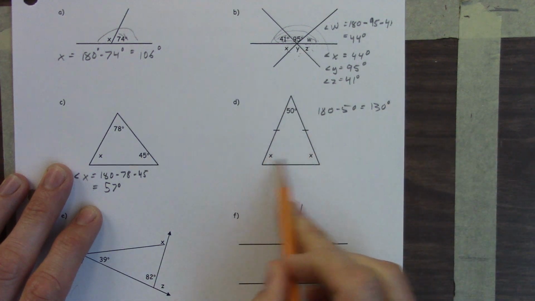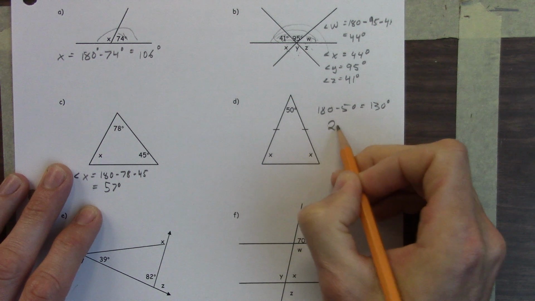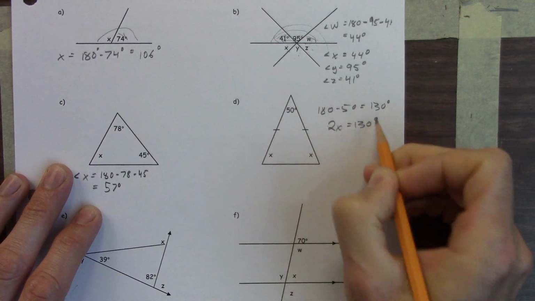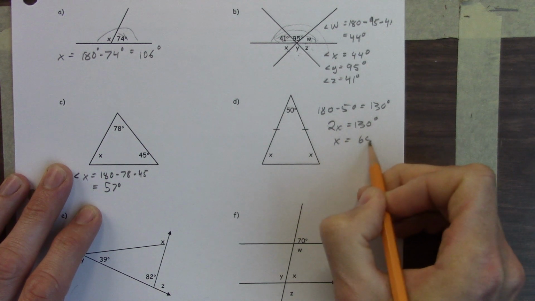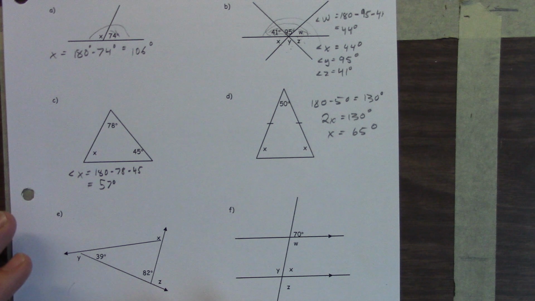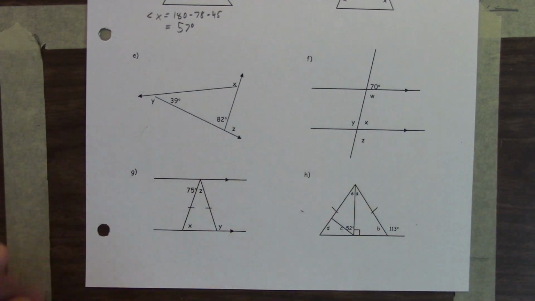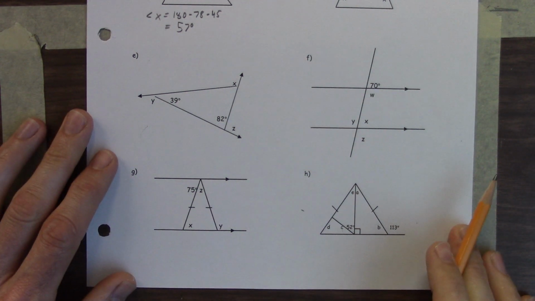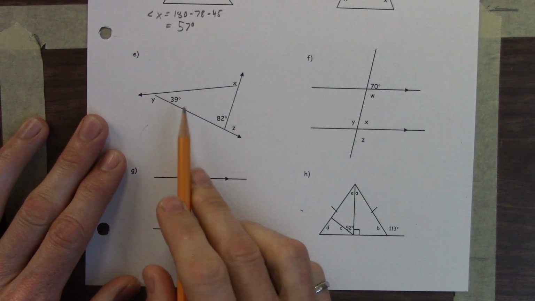Now we know these two angles are the same, so two angles of X is equal to 130. So I can say X is equal to 65. Thank you. Okay? Easy peasy. So far, so good. Of course, it's going to get harder, but we should be enjoying this at least so far.